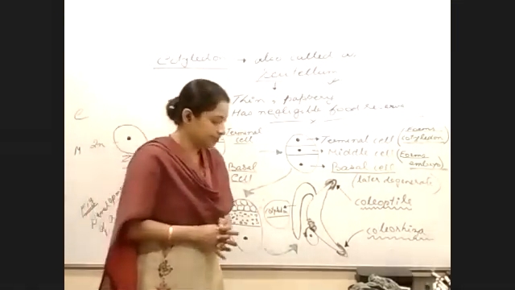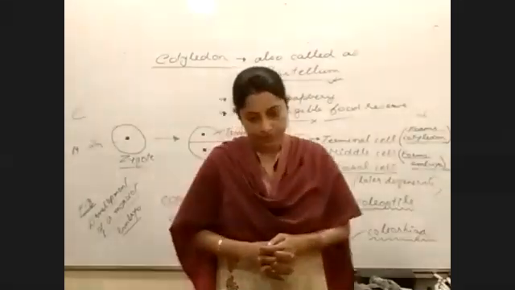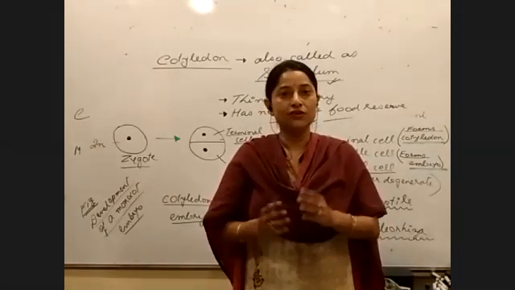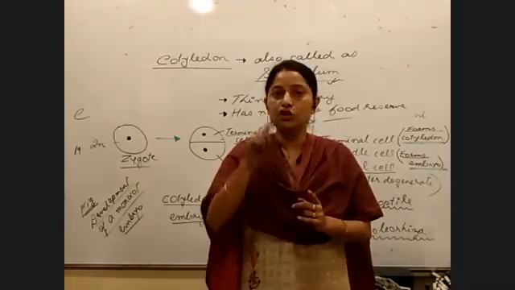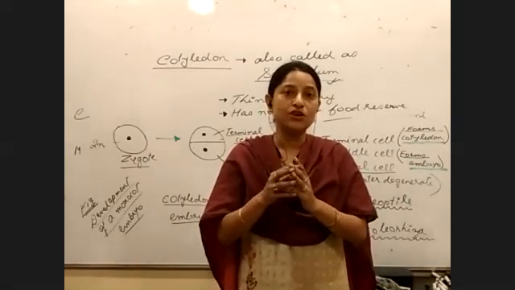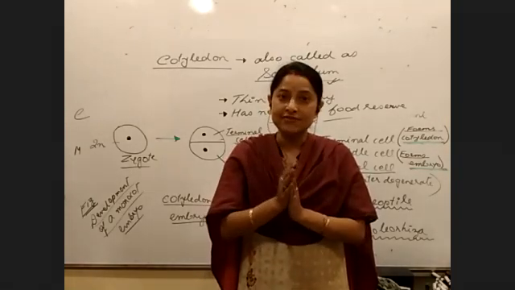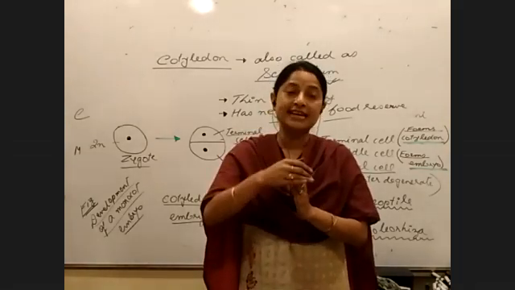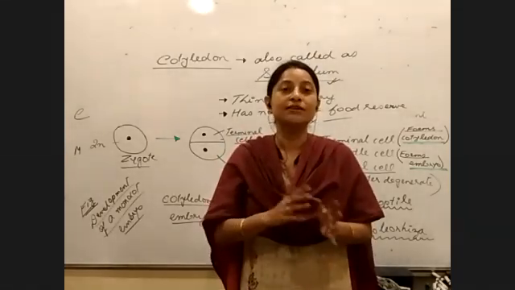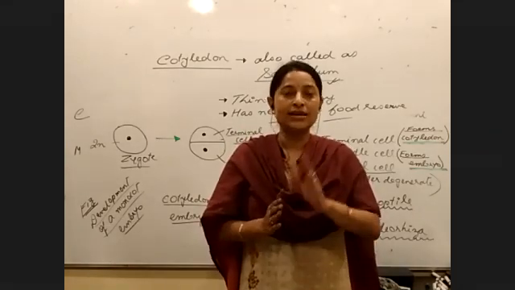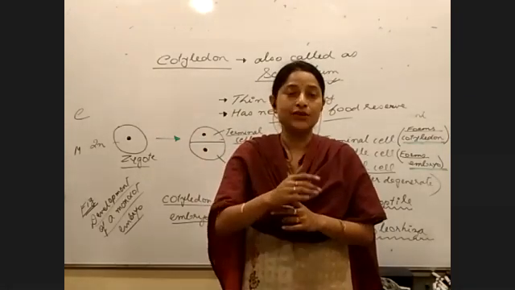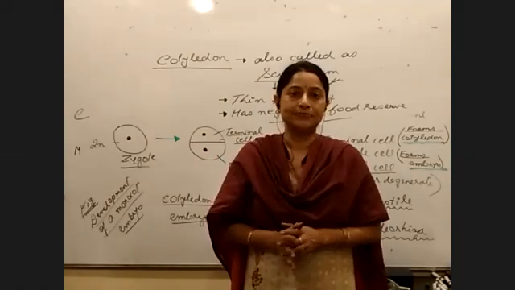Ma'am, you have not mentioned the covering, you have described the whole part as coleoptile and coleorhiza. Not just the covering. The portion from which the shoot will come out, the plumule portion, we call it plumule when that covering is not there. If there are extra layers of cells, which are not present in dicots but present in monocots, you cannot use the same term in both the cases. So in one case we are using the word plumule, in the other case, if that portion is covered with sheets of cells, we use the words coleoptile and coleorhiza.